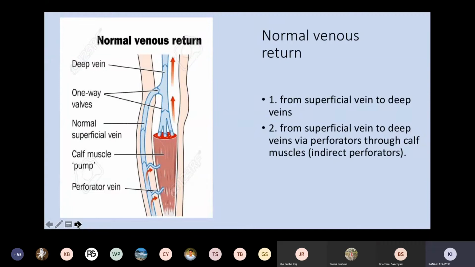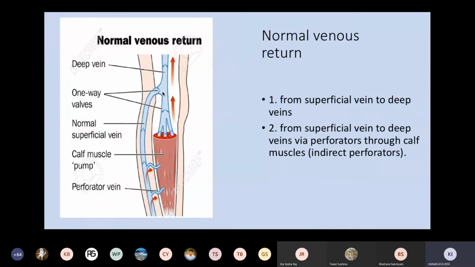Okay, so now the normal venous return is from superficial to deep veins. All right, sometimes there is a direct opening like this. This is superficial, that is a deep vein, and you can see the direct communication. In these veins, the valve will open only in one direction, that is unidirectional, and that direction is from superficial to deep. That is the normal way.